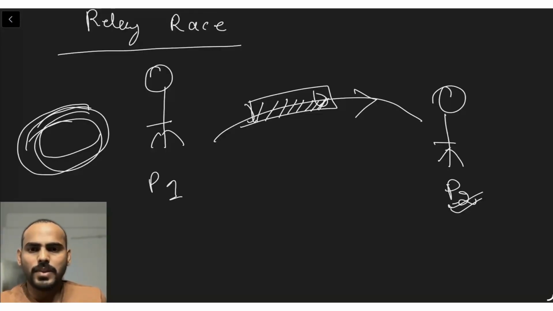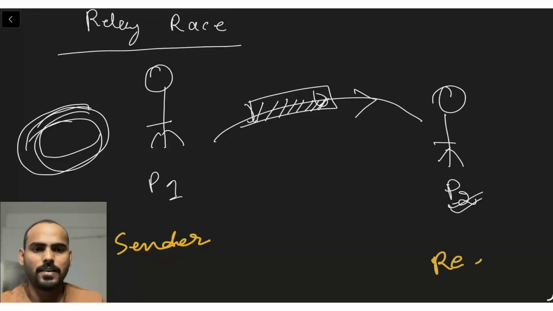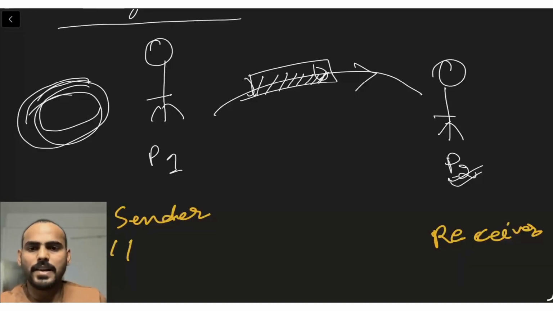You can assume P1 is the sender, as it is sending the baton to P2, and P2 as a receiver, as it is receiving the baton from P1, right? So let us say the sender has completed the first lap, but the receiver is doing something else. So what will happen? This sender will not be able to pass the baton and it will be blocked here, right?